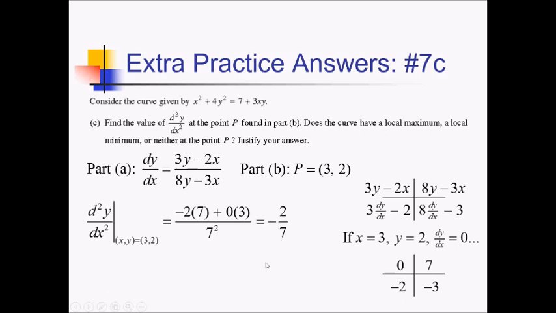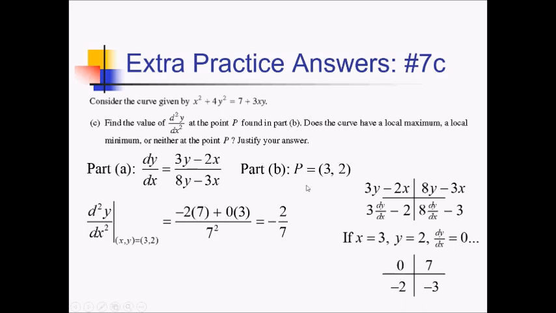Now, let's follow this up with the next part of the question here. Does the curve have a local max, a local min, or neither? You've already figured out that you have a critical value at (3, 2) because you had a first derivative of 0. That's great. In order to figure out if it's a local max or min, there's two ways to do that. If you're trying to use the first derivative test on this, that's going to be kind of difficult, because if you're doing sign analysis, normally we would pick a number before and after this point.